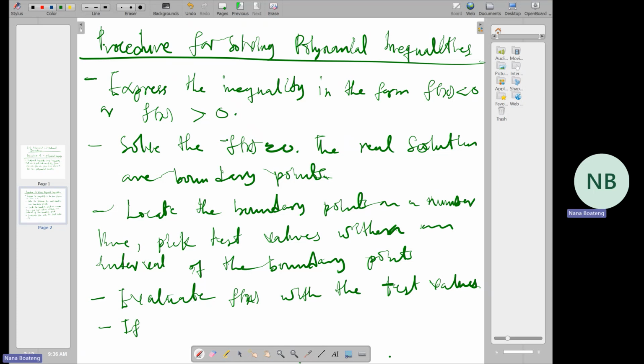If the value of f is positive, then f of x is greater than 0 for all numbers in the interval.